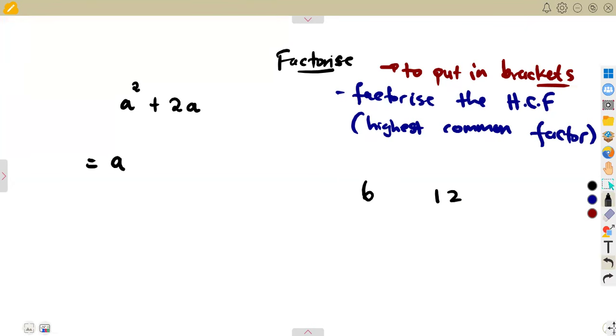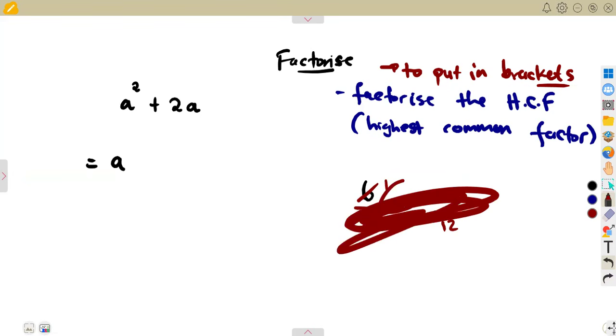So if I say 6 is the highest common factor, if I divide by 6 like this, I'm obtaining a 1. Here, I'm obtaining a 2. The highest common factor is supposed to give us exact values. If we say 12 is the highest common factor, look what's going to happen. 6 into 6, that's a 1. 6 into 12, that's a 2. That's a fraction. So this is totally impossible.